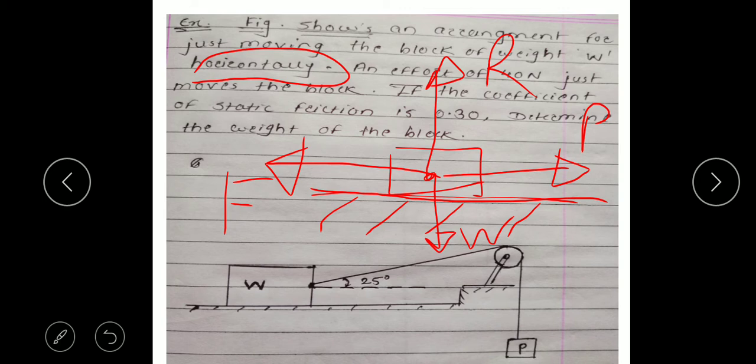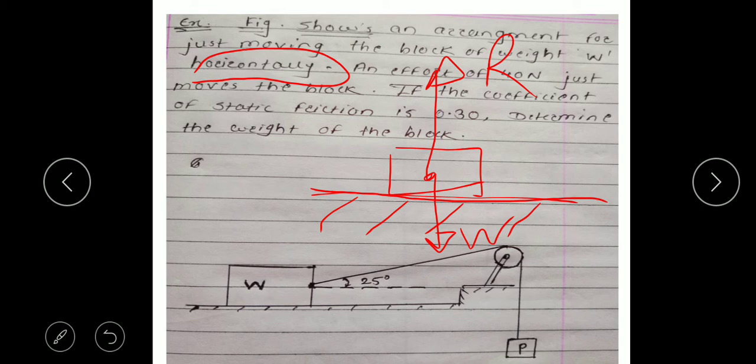Now come to this numerical. In this numerical the load P is not acting horizontally. In type A we have seen two cases: in one case the external force is parallel to the surface, and in the second case the external force is not parallel, it has a certain angle with the horizontal.